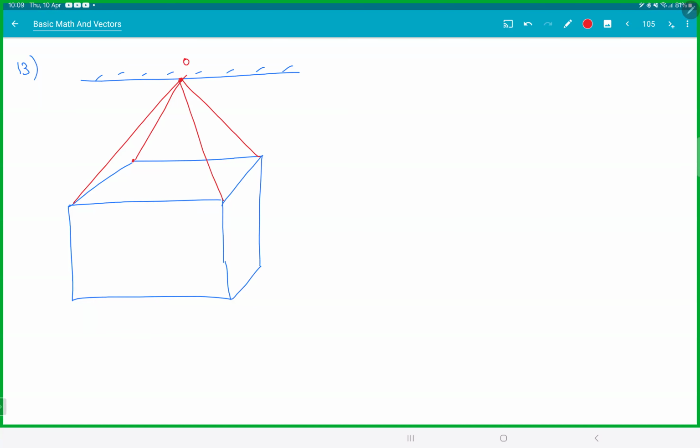This is point O. This is a cube of side L. The mass is M, so this side is L, this is also L, and everything is L. The strings are also length L. You connected them at these corners, A, B, C, and D.